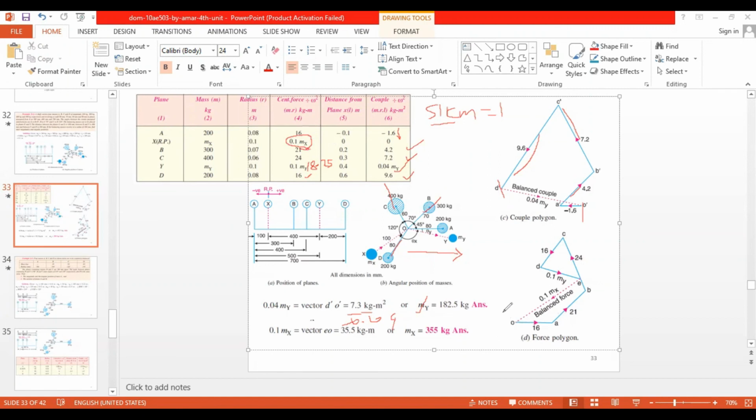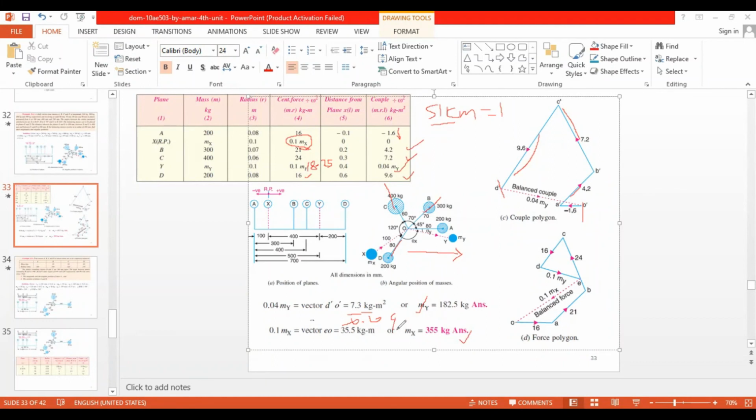Here is our starting point O, here is our final point E. We will join these two. This dotted line shows the 0.1 mx. You can measure this one, so 0.1 mx is equal to 35.5. According to that scale, it is coming 35.5 kilogram per meter. So mx can be 355 kilogram.